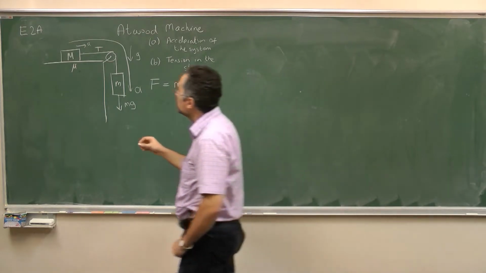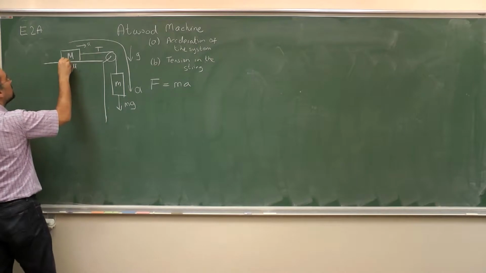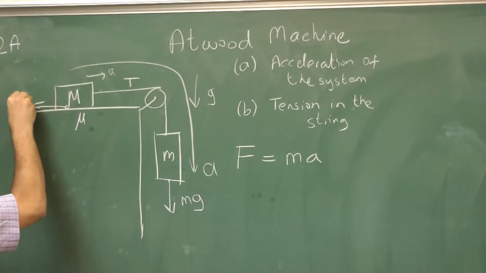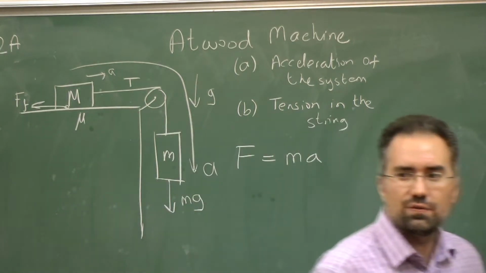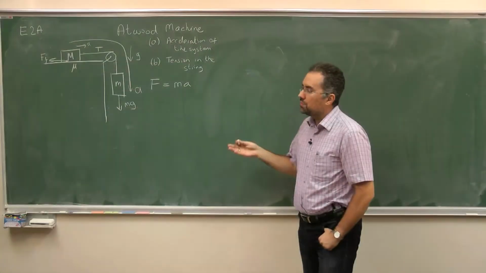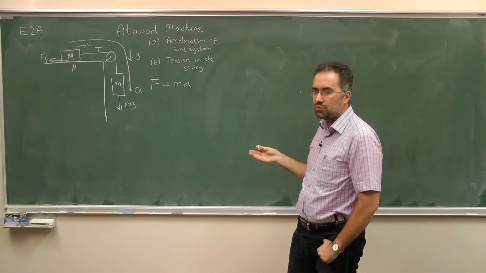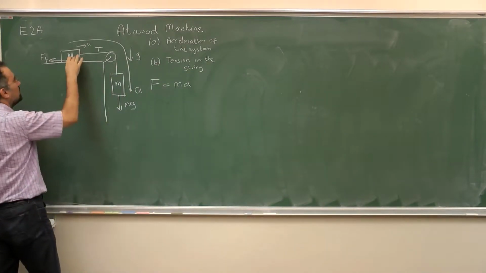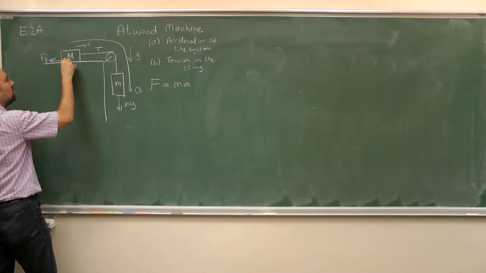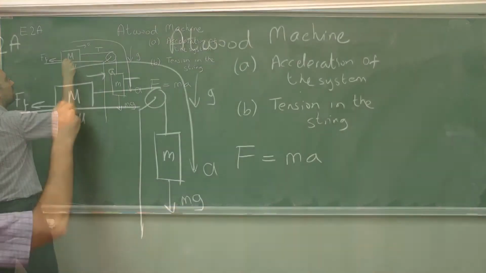Now, we also have some force which is counteracting this motion. That will be the force of friction, which acts over here as the frictional force. Now, how do we calculate the frictional force? That's simply the normal force multiplied by the coefficient of friction. The normal force is easy because we know that this is not going into the table.